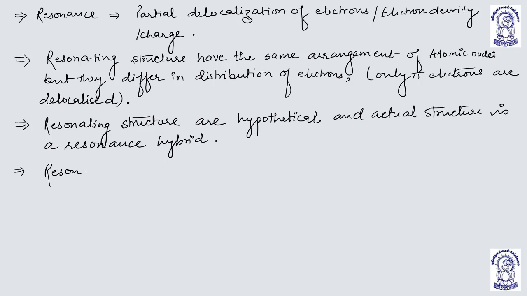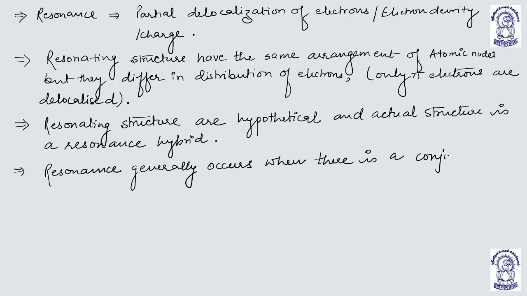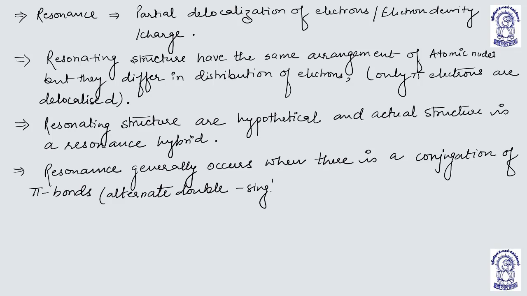Resonance is basically involved when there is conjugation, generally, when there is conjugation of pi bonds that is alternate, double, single, and after double there is a single bond.